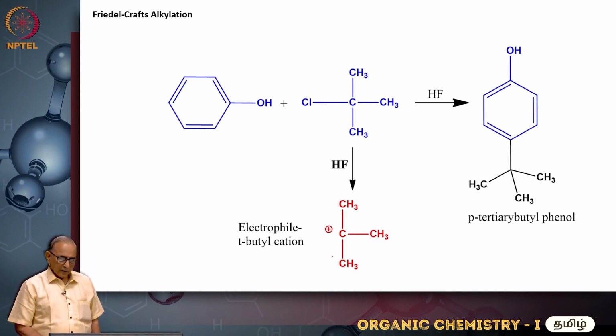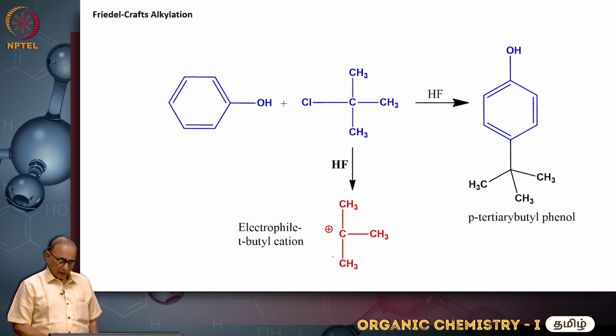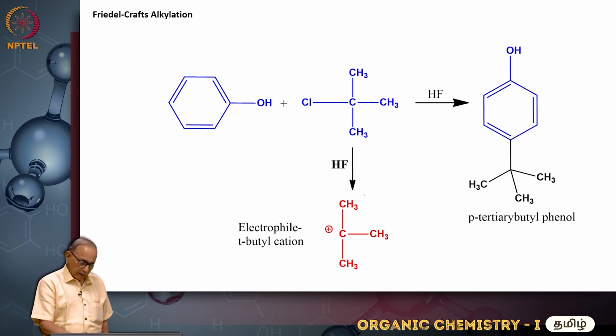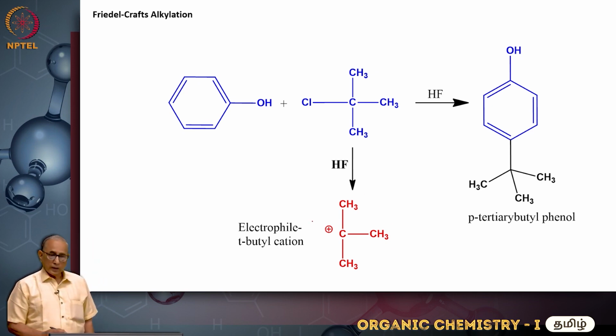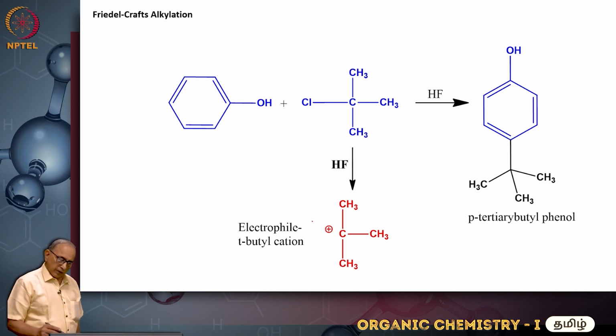That is, fluorine will take out the chlorine as chloride ion. It results in the formation of the tertiary butyl cation. As you can see, this is also another electrophile with a positive charge. It will get attached to phenol at the para position.